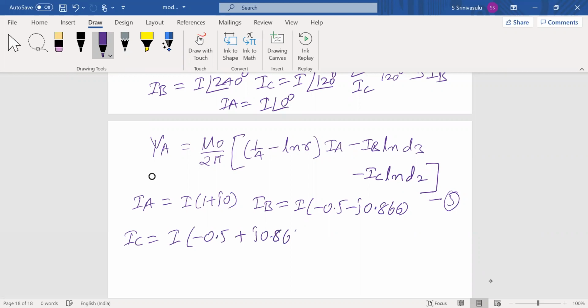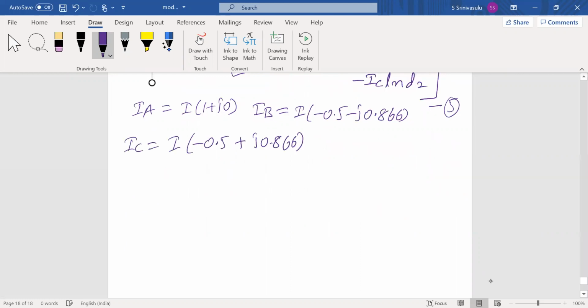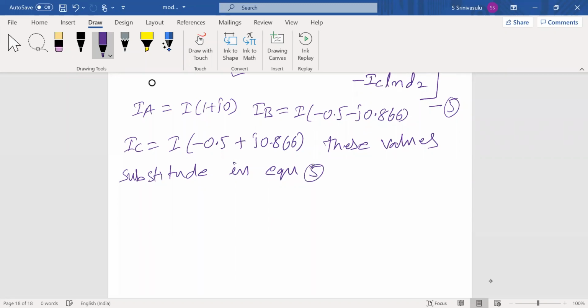Now these values are substituted in equation number 5. Then what happens?